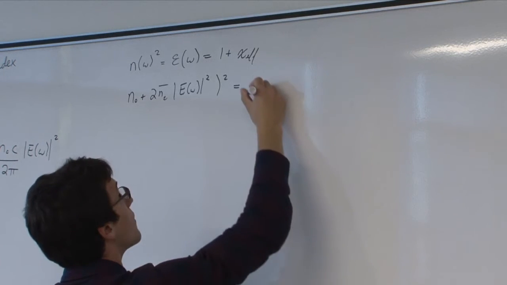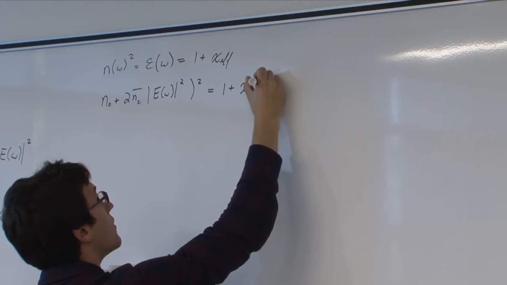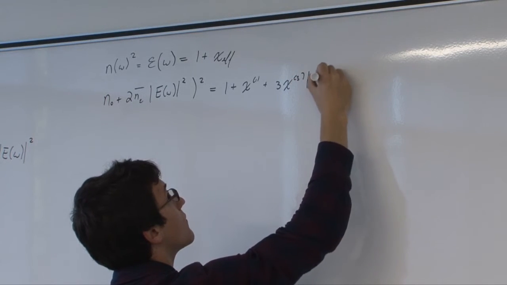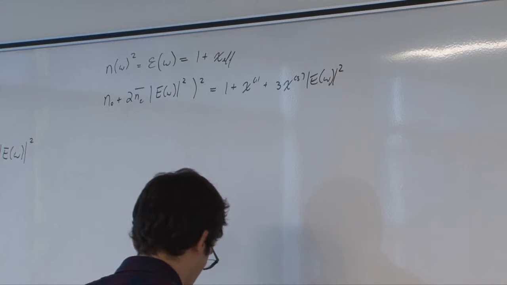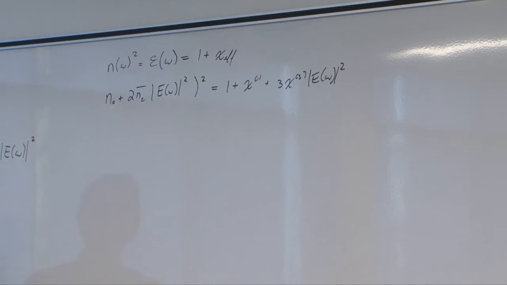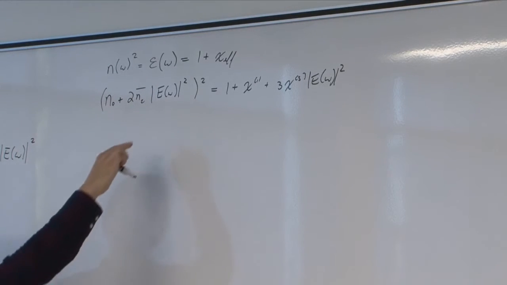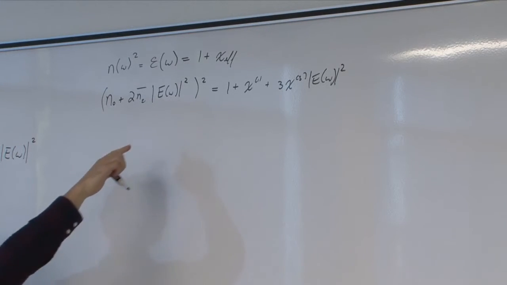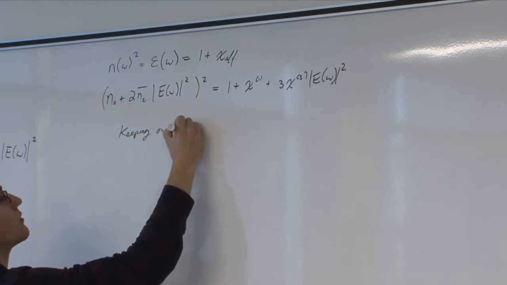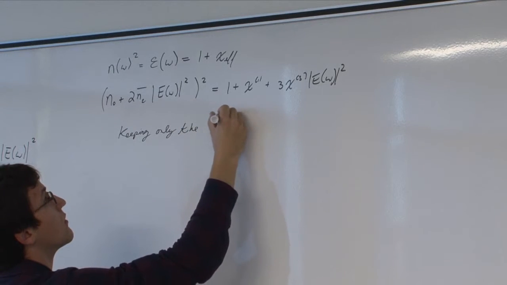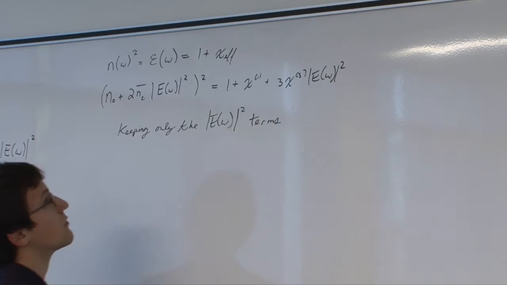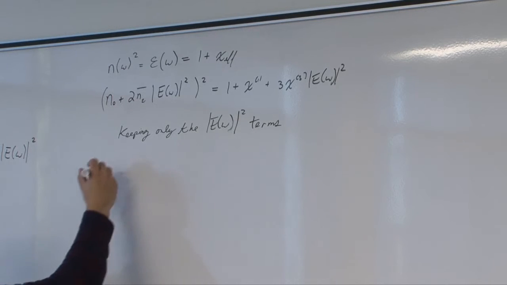This is simply 1 plus chi1 plus 3 chi3. Okay, so I can make an approximation, keeping only the leading terms, so I can write it in this way.